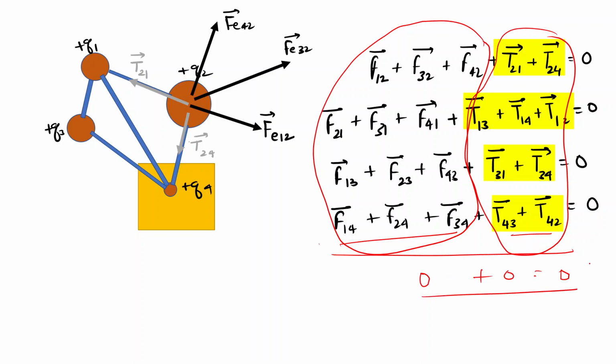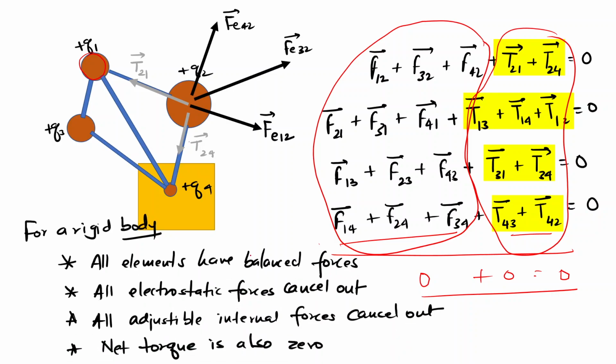But basically what is happening here is that in case of this rigid body, all the electrostatic forces of repulsion within the system are going to get cancelled out, and all the internal forces of adjustable nature which are holding the rigid body together will also get cancelled out. This is why I'm saying, all the elements will have balanced forces.